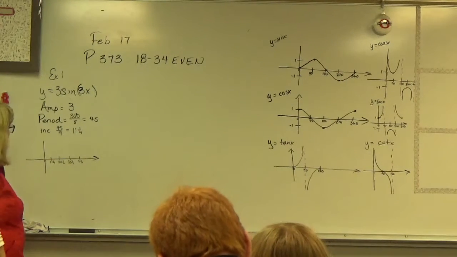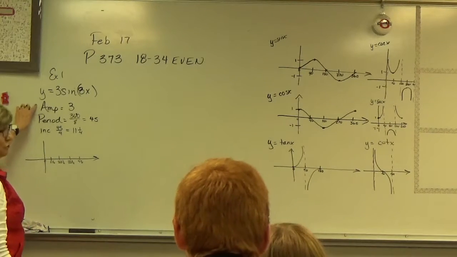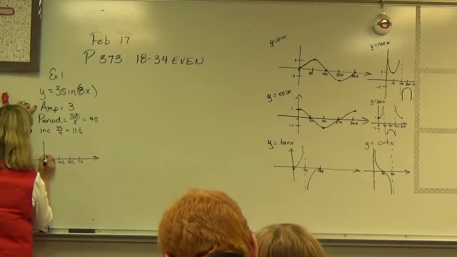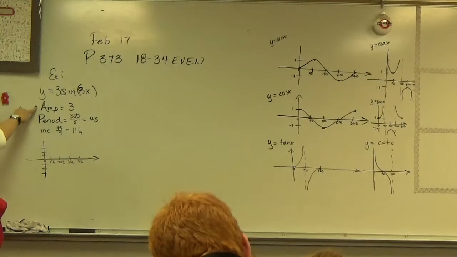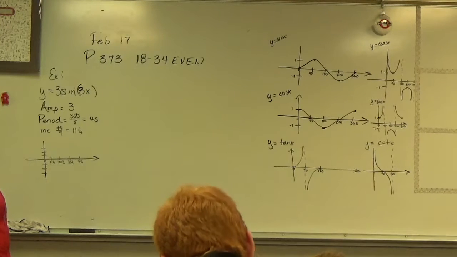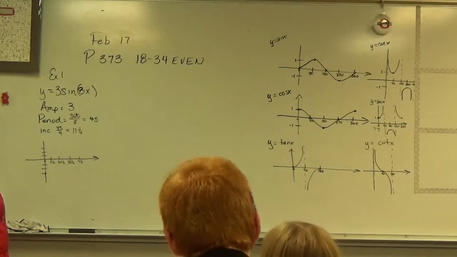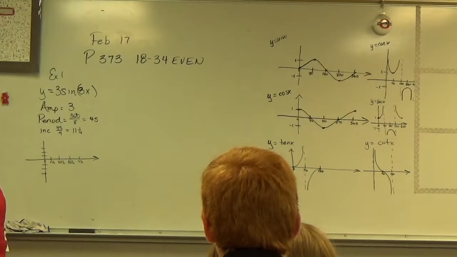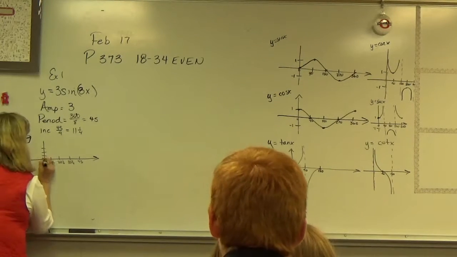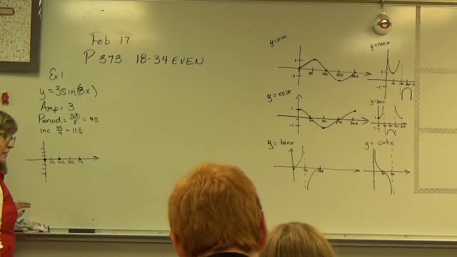Now, what's true of a sine curve? First, our amplitude's 3, right? So that means 1, 2, 3, and 1, 2, 3. We're going to be up 3 and down 3 somewhere. Now, what's true of the sine curve? You're 0 at the beginning, middle, and end. See, it's not always 90 and 360.